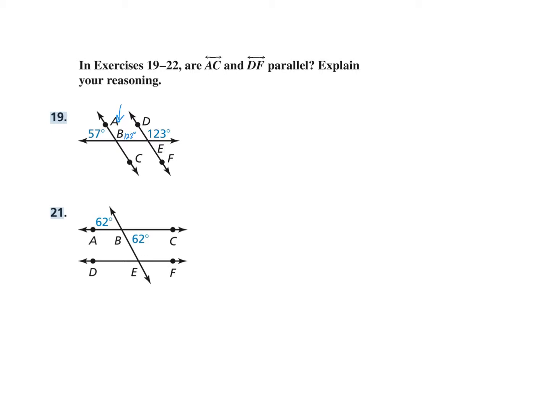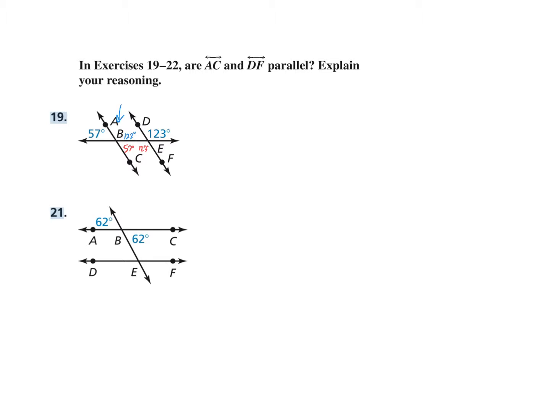We don't know that they're parallel, so you can't say that angle B is 123 degrees unless those two lines are parallel. So there's not enough information here unless you use vertical angles: we know that's 57 degrees, and we know the other vertical angle is 123.